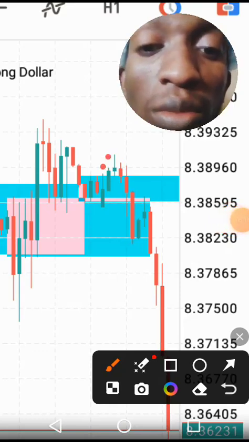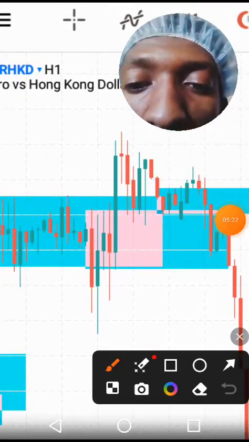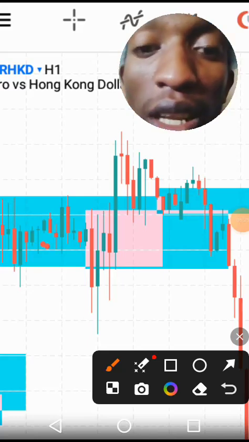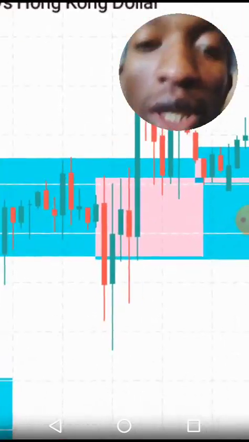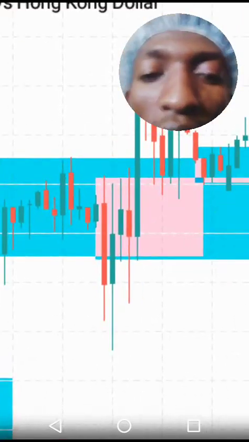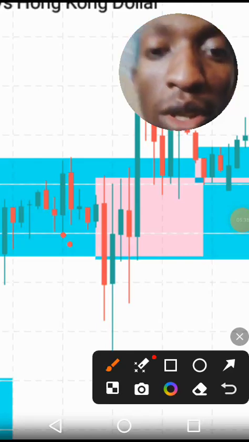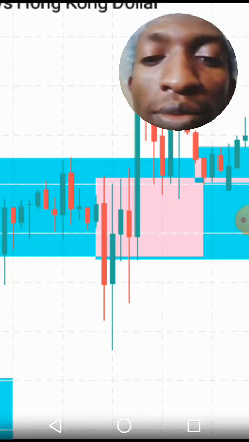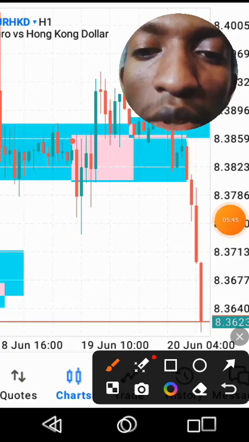So there is no buy, just like here. Right there on the green candle, the bullish candle, I would not buy, because it traded lower than the previous candle. The same thing here, I would not buy that one.